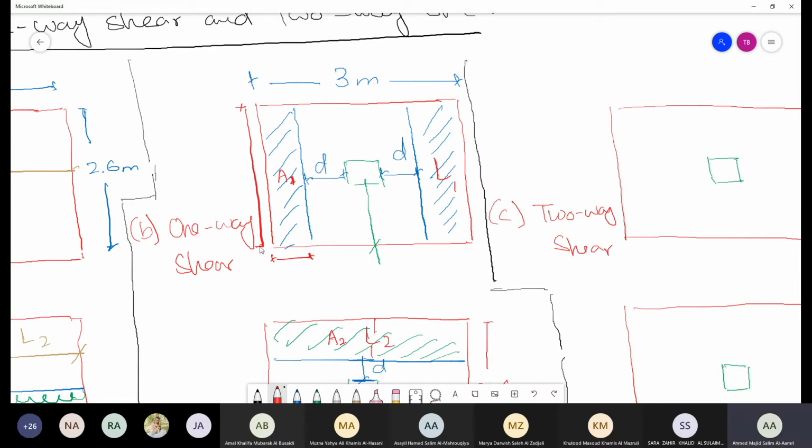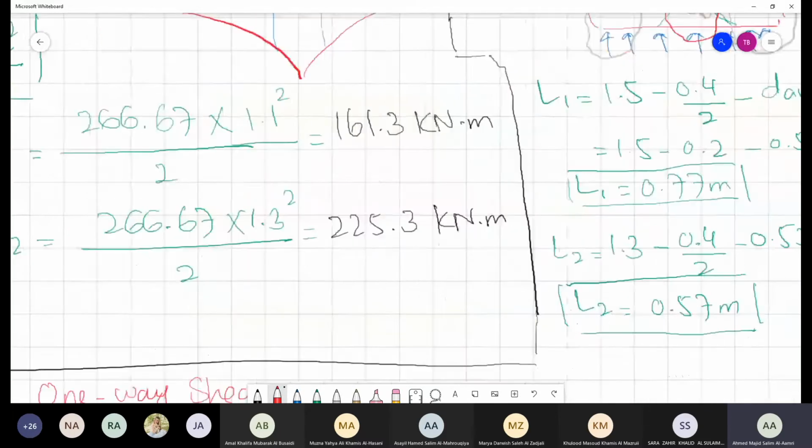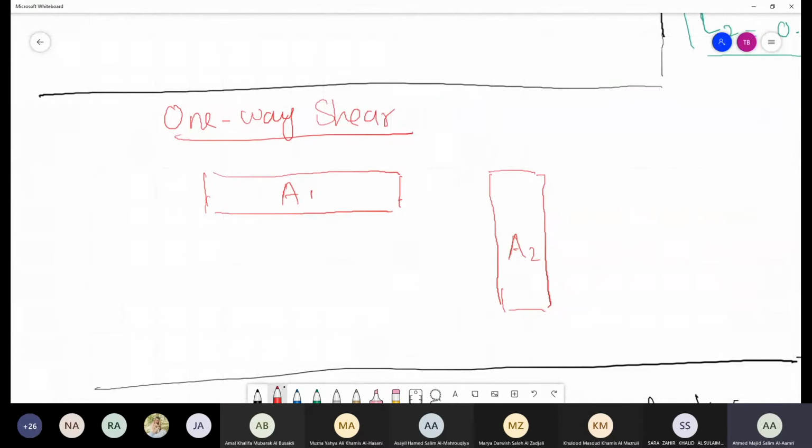So your length number 1 is 0.77 as you said, and then the length here is going to equal 2.6. So 2.6 on one side, 0.77 on the other side. I'll just go for A1, where it is 0.77 and then 2.6 here.